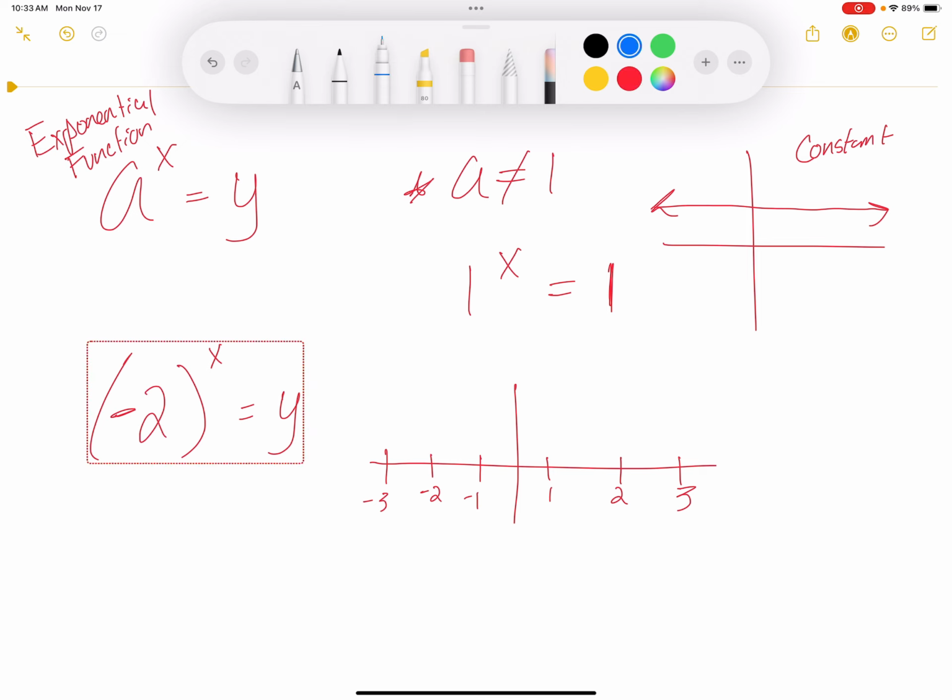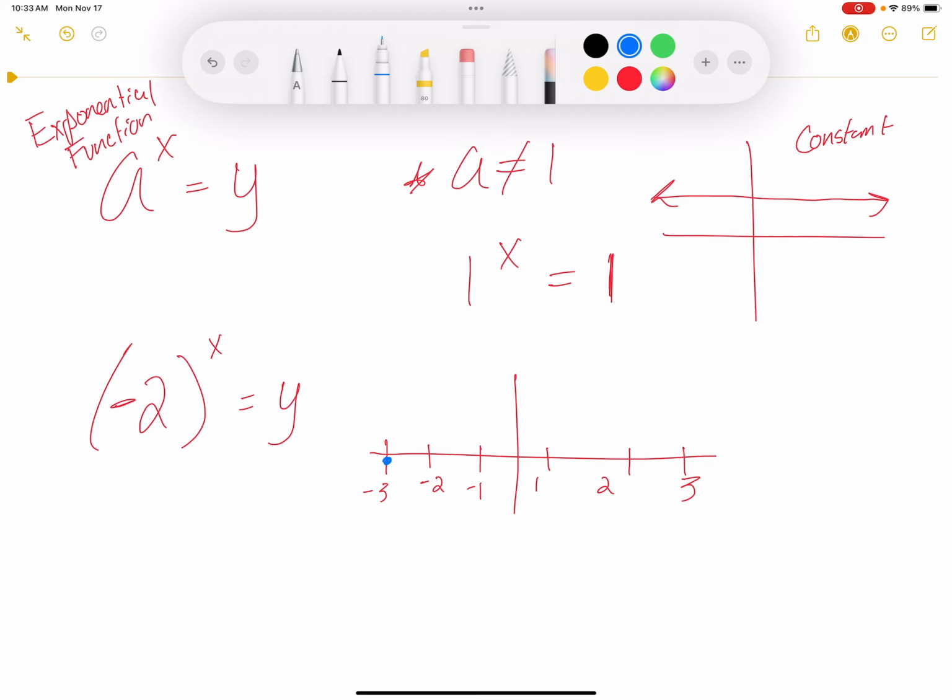So if x is -3, that would be -2 to the -3rd power, which would be a negative number, like -1/8. Then we have -2 to the -2 power, which, because it's a negative power, you flip it, and it'd give you 1/4.